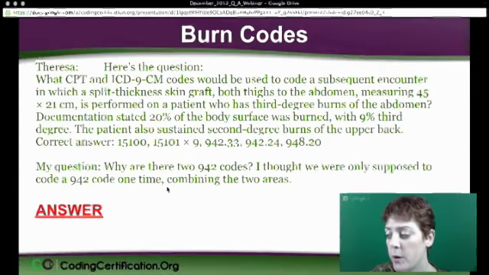Documentation stated 20% of the body surface was burned with 9% third degree. The patient has also sustained second-degree burns of the upper back.